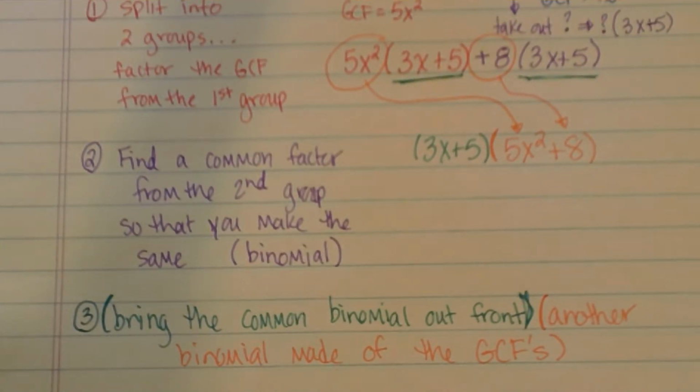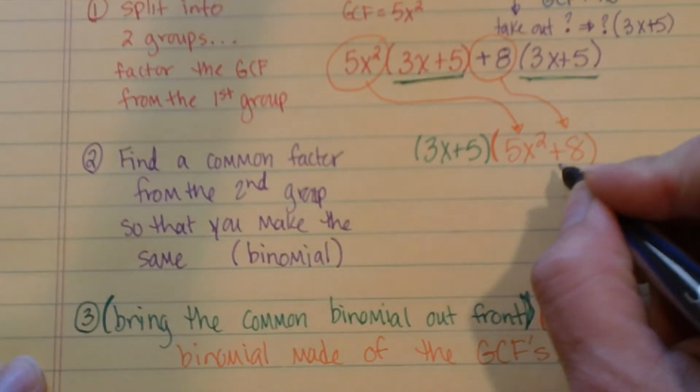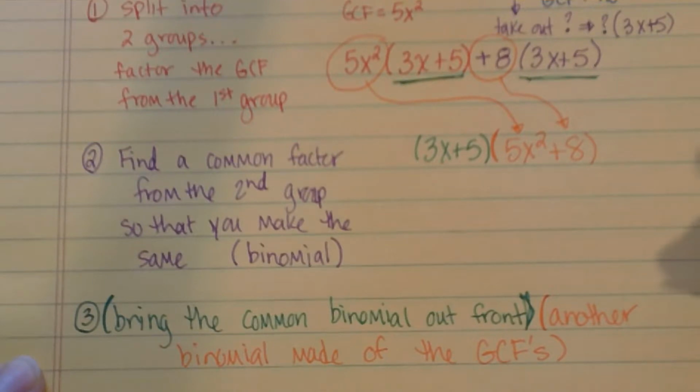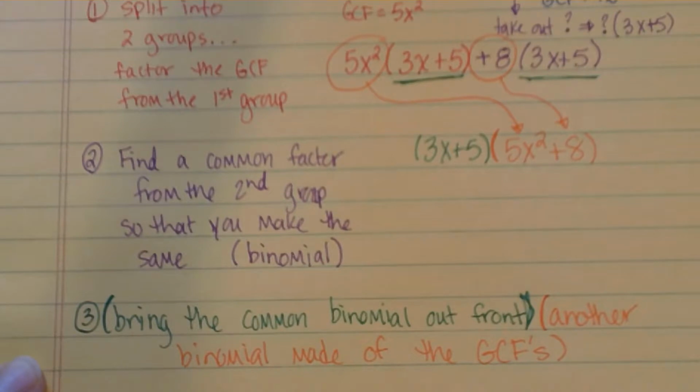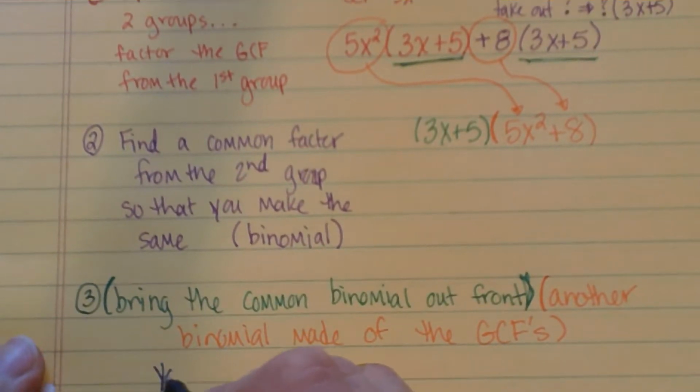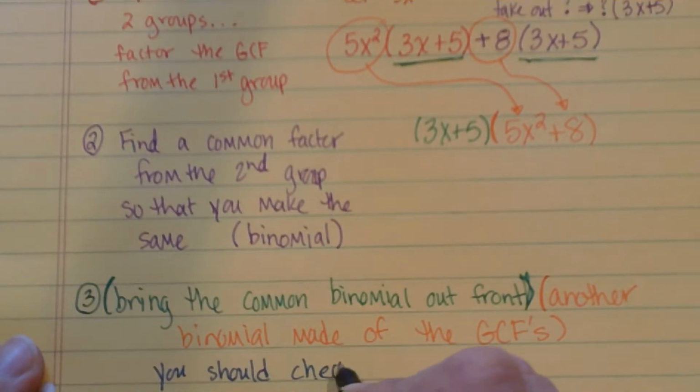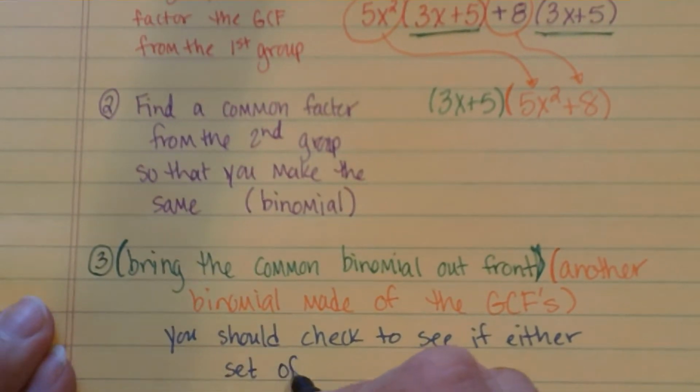Now we should definitely check to see if this 5x squared plus 8 factors anymore, since it has an x squared in it. In this case it does not, so I will put a note down here that you should check to see if either set of parentheses will factor any further.